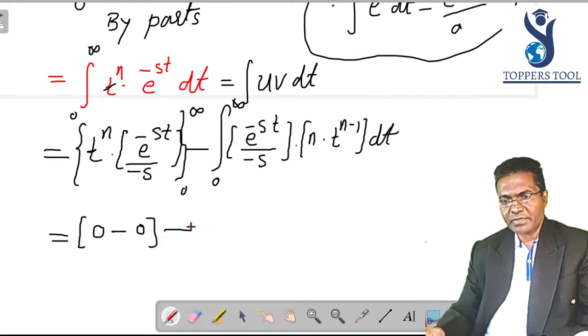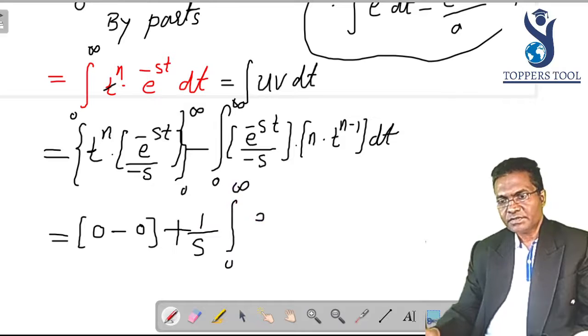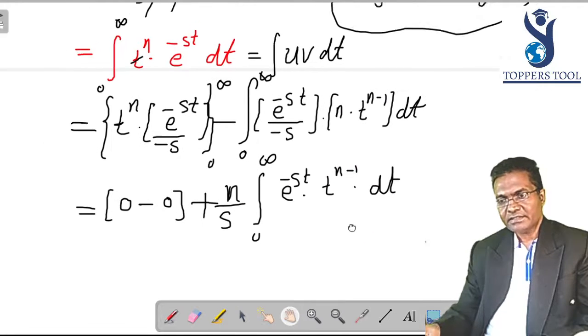Next, minus into minus you can write plus 1 by s, 0 to infinity e power minus st. N I can also take outside, so it's n by s, into t power n minus 1 dt.